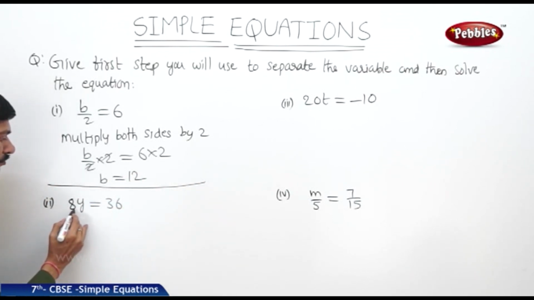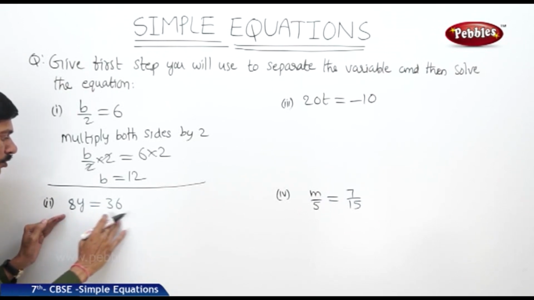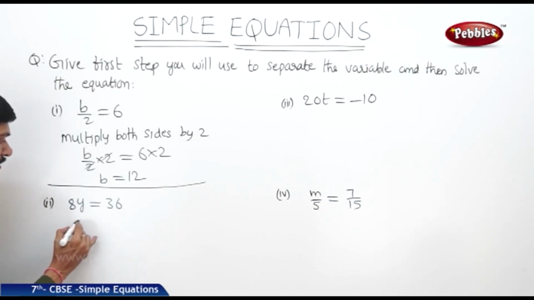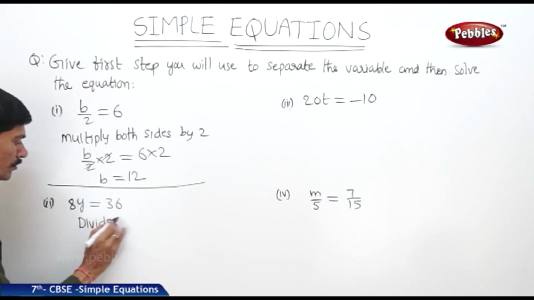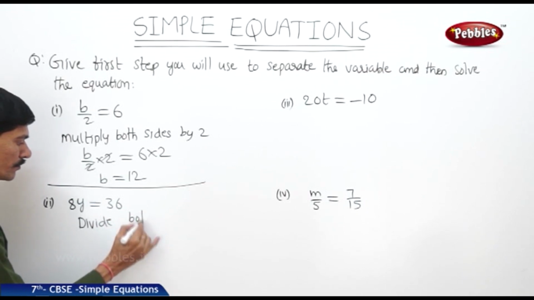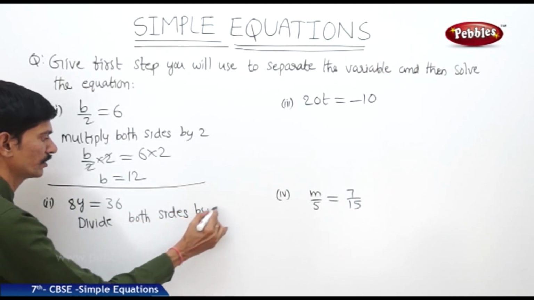Now 8y equals to 36. So how to cancel into 8 in the LHS? To cancel into 8, we should divide both sides by 8. Now divide both sides by 8.